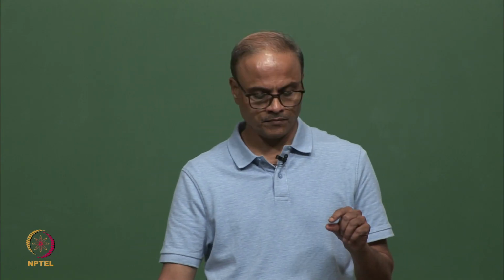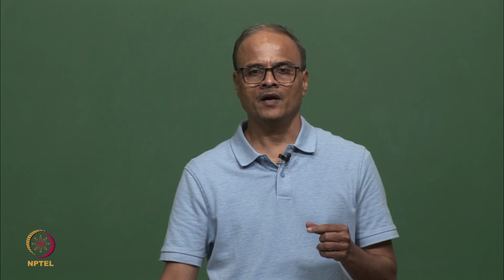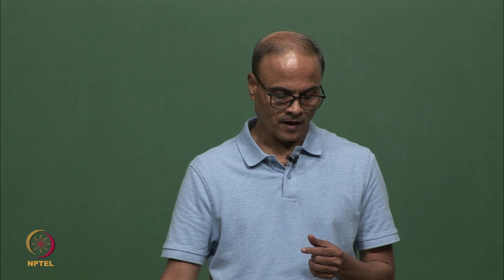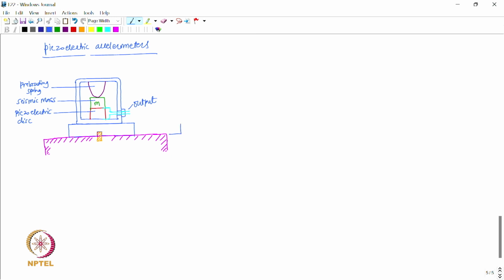So here we see that the piezoelectric disc basically provides the stiffness and the damping associated with the seismic pickup, and therefore now when this surface vibrates, let us say with amplitude y of t is equal to y naught sin omega t, then this seismic mass vibrates with amplitude x, right, and therefore the upper surface of the piezoelectric disc is subjected to displacement x, while its lower surface is subjected to displacement y, because the base of the piezoelectric accelerometer is also subjected to the vibratory motion y.